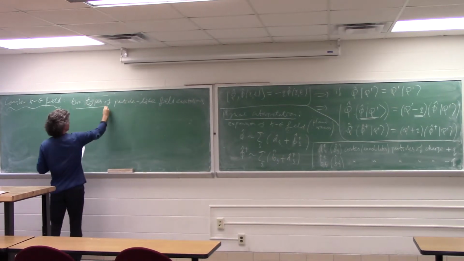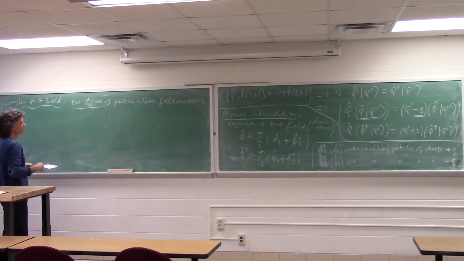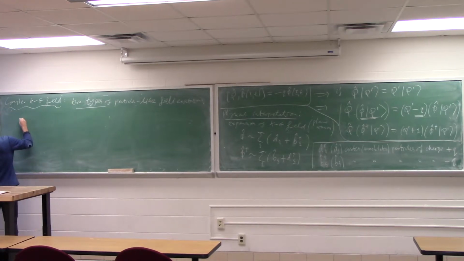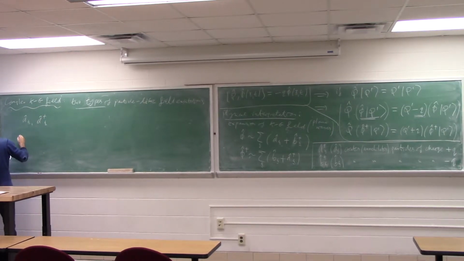So remember, particles are excitations of field modes. There are two types of field modes here. You have A hat k and A hat dagger k, and you also have B hat k, B hat dagger k.